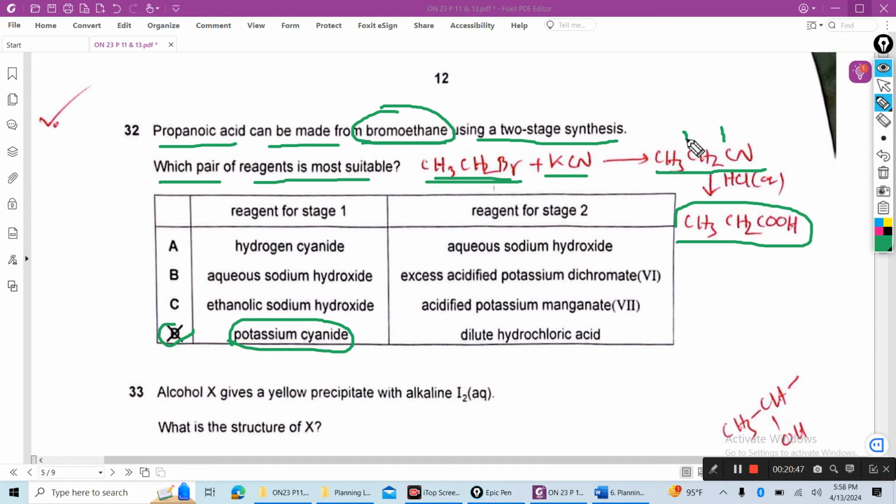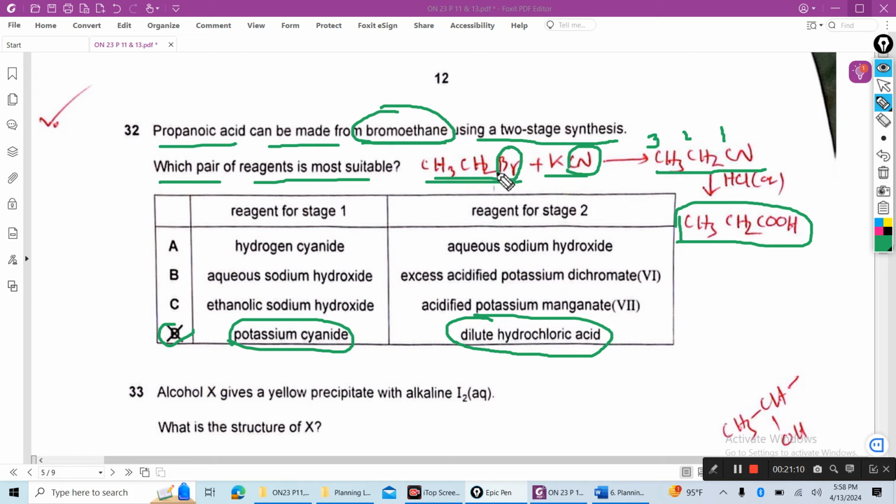1, 2, 3. In this reaction, the bromide ion is substituted by the cyanide ion. Then hydrolysis of propanenitrile to form propanoic acid. So dilute hydrochloric acid is needed. A hydrochloric acid and water mixture is needed for hydrolysis.